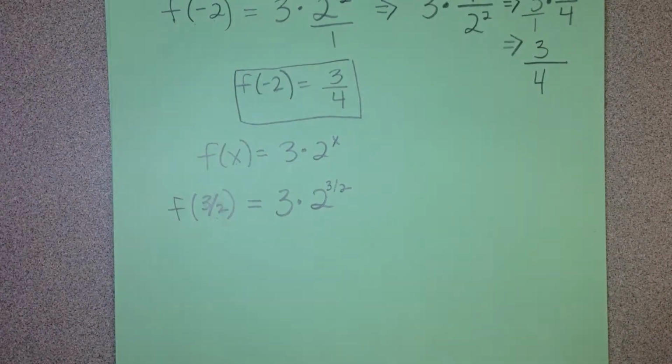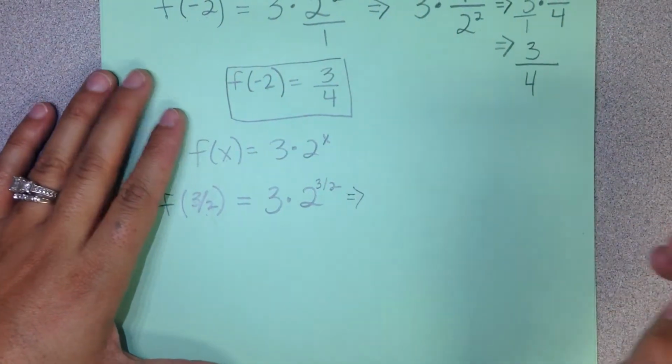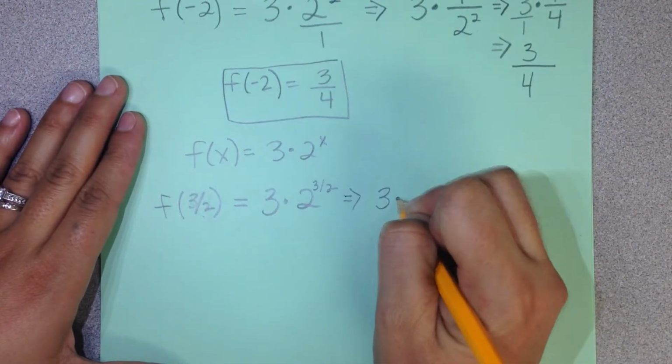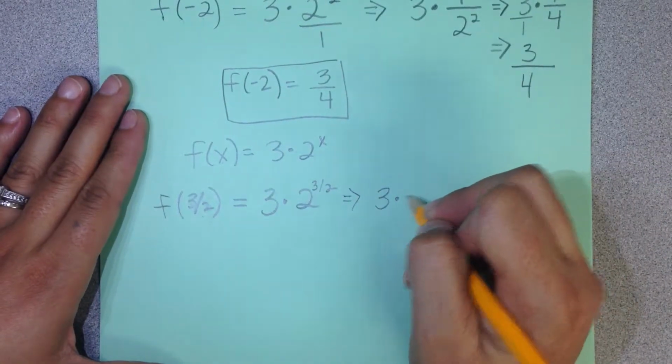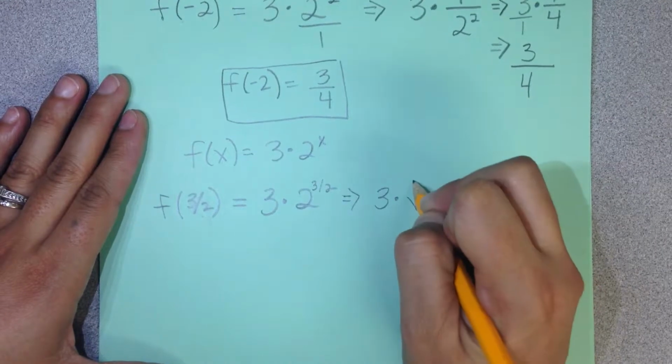So when we take 3 times 2 to the 3/2 power, 2 to the 3/2 power is a radical. So we need to rewrite 2 to the 3/2 power as a radical so we can simplify it. So this equals 3 times 2 to the 3/2 can be written as a radical.